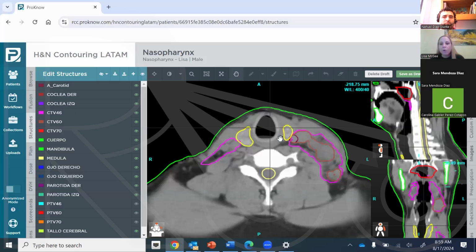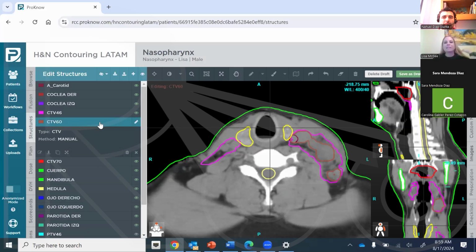And then for the intermediate risk volume, the remainder of level 5 would be included in the intermediate risk volume. And so it becomes a little confusing because again, the CTV60, that's our intermediate risk volume. That's technically what we would be doing to include the bilateral level 5.